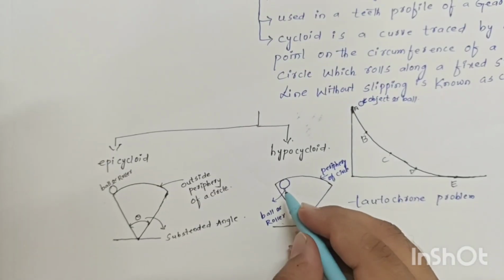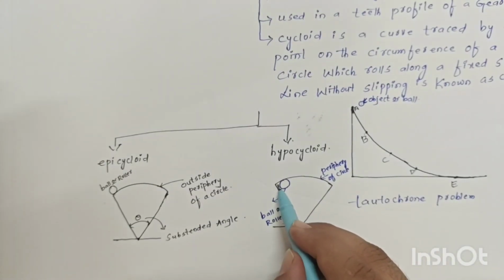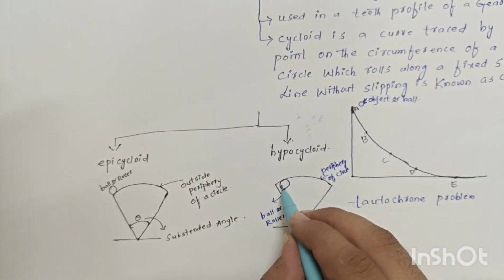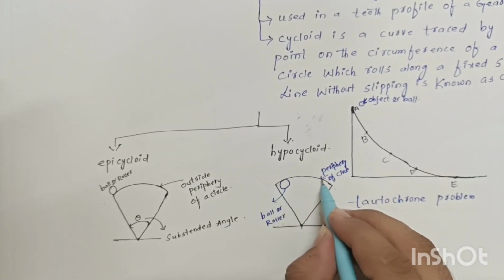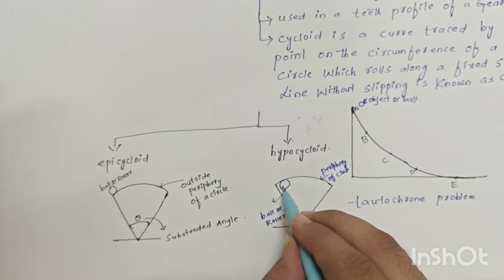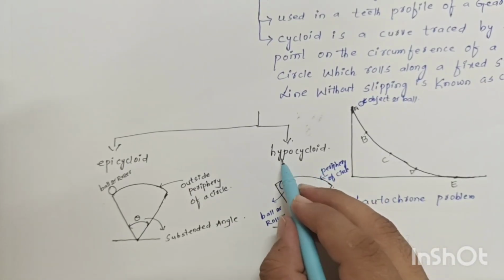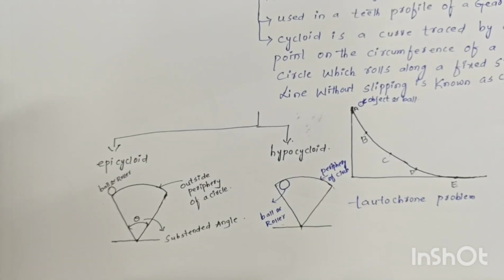The ball or roller rolls inside the periphery. Where is it moving here? Inside the periphery of the circle without slipping as it moves from one place to another. So what we can say? We can say hypocycloid.